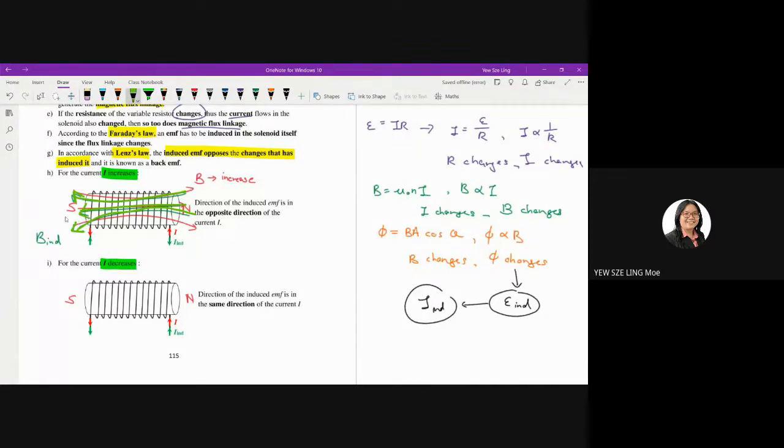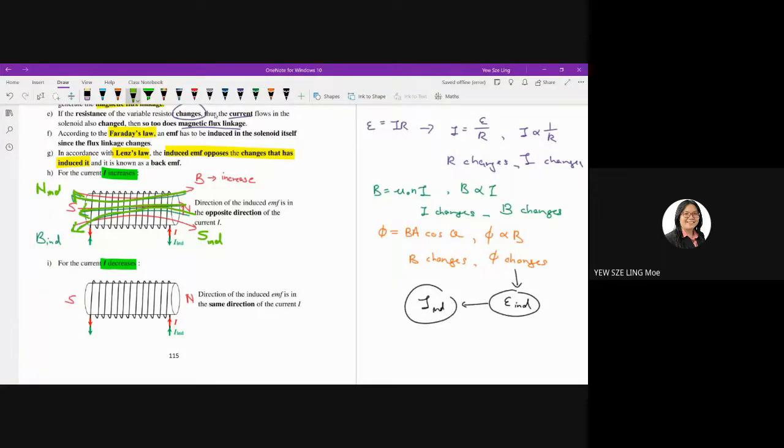It's leaving on the left. So what does it mean? It means that here represents the induced north pole, because your field line is leaving, is coming out. And on the right hand side, this would be your induced south pole, because your field line is entering the solenoid. When it's entering the solenoid, it represents south pole. When it's leaving, it represents north pole.